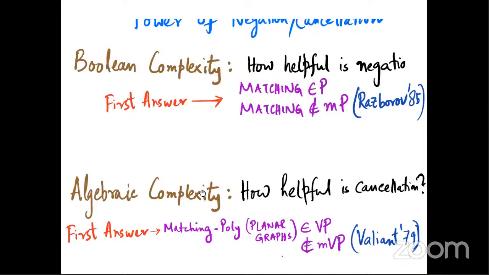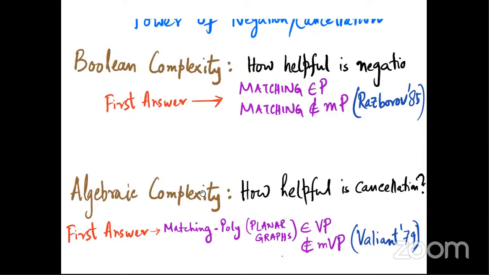And Valiant, again, six years before Razborov's work, showed that for a certain carefully chosen planar graph, the corresponding matching polynomial cannot be efficiently computed with monotone circuits. Thereby showing, in the arithmetic context, in the first such result by Valiant, that negations are provably exponentially more powerful than monotone computations.